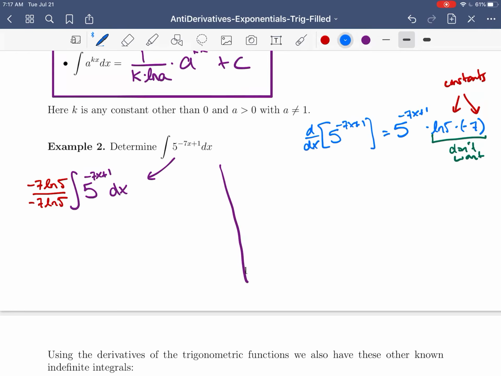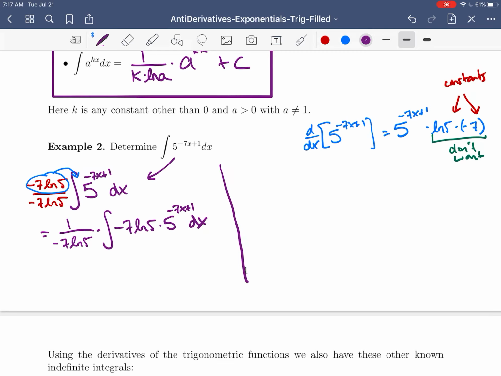Then what you can do is grab this top one and bring it inside the integral. So it's going to be 1 over negative 7 ln 5, multiplied by the antiderivative of negative 7 ln 5, 5 to the negative 7x plus 1 dx.